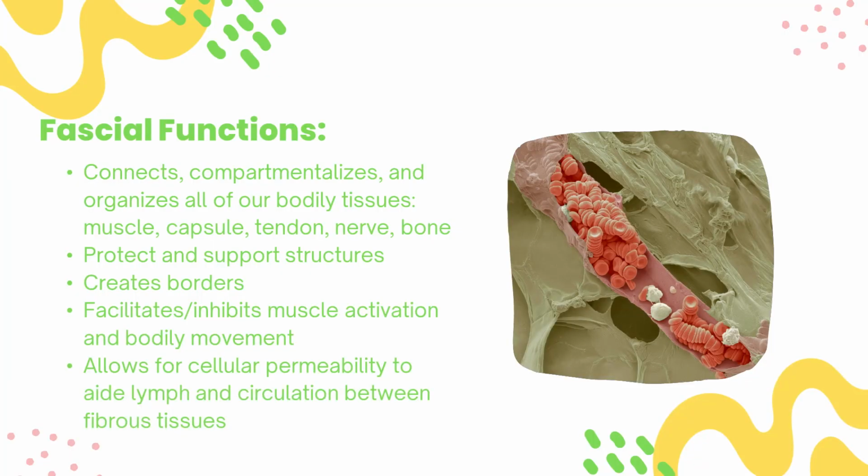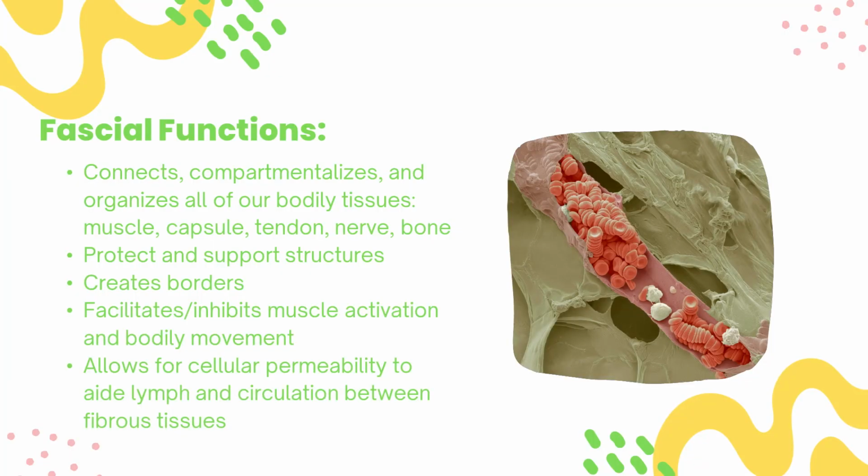Fascia also creates some lines of tendon and muscle attachment. So there are some areas where the actual tendon cannot get directly onto the bone, and so these fascial structures are points of insertion for some of these tendons and these muscles.